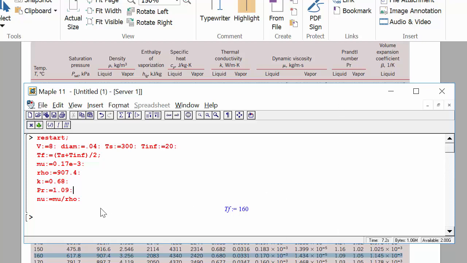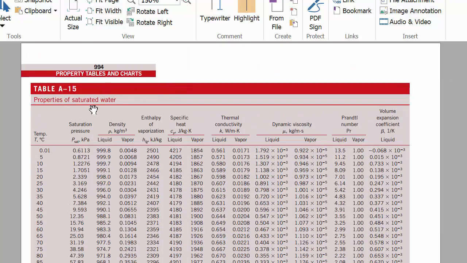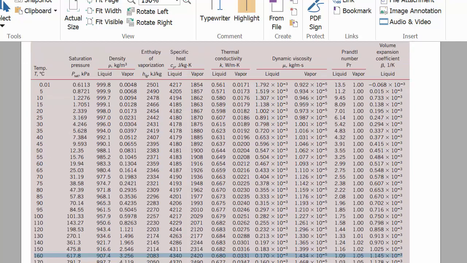Very common spot to make a mistake. So let's check: 0.17 E minus 3 for the dynamic viscosity, 907.4 for the density, 0.68 for the thermal conductivity, and the Prandtl number 1.09. And we're doing all of this for liquid water at the film temperature that we have.